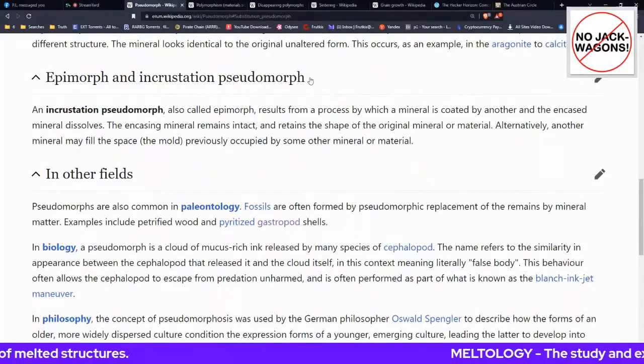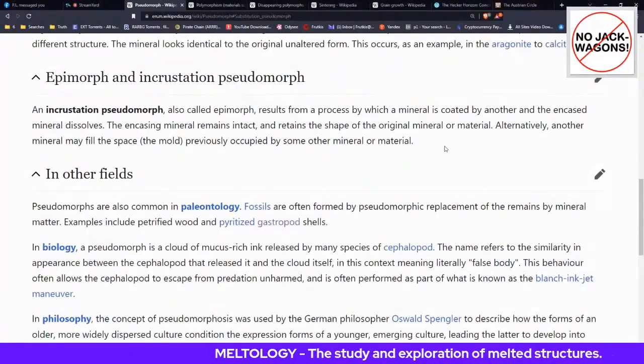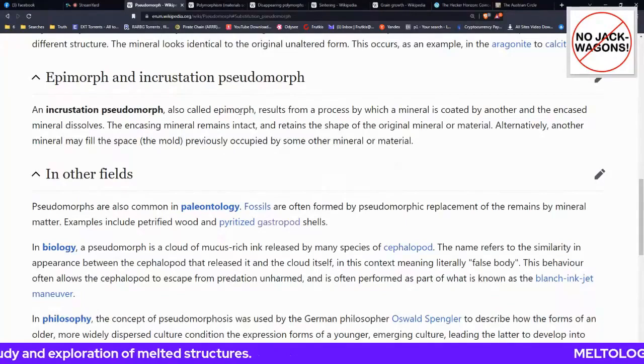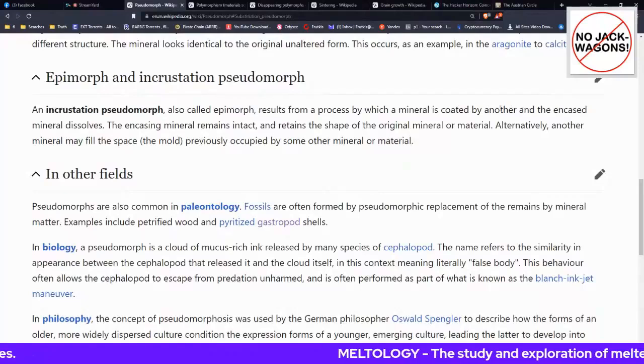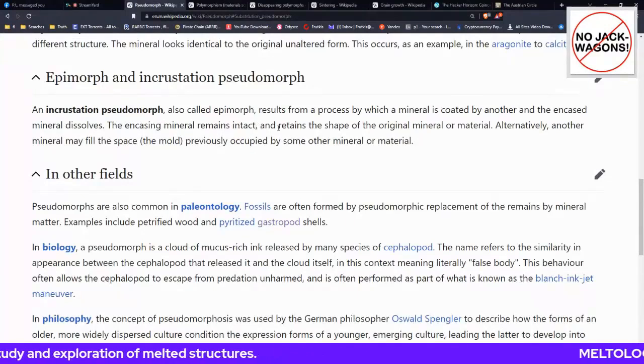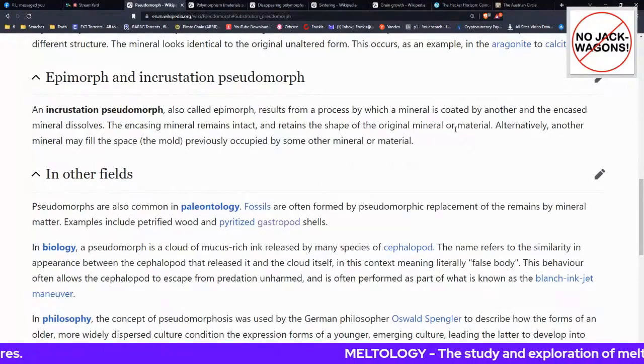And there's the epimorph. This is really interesting, because here we call it rock curtain, but in the incrustation pseudomorph it's called epimorph, because it's a process in which a mineral is coated by another, and the coating dissolves, and sometimes the coating remains intact and retains the shape of the original, like we see if we break a rock and inside is a brick.